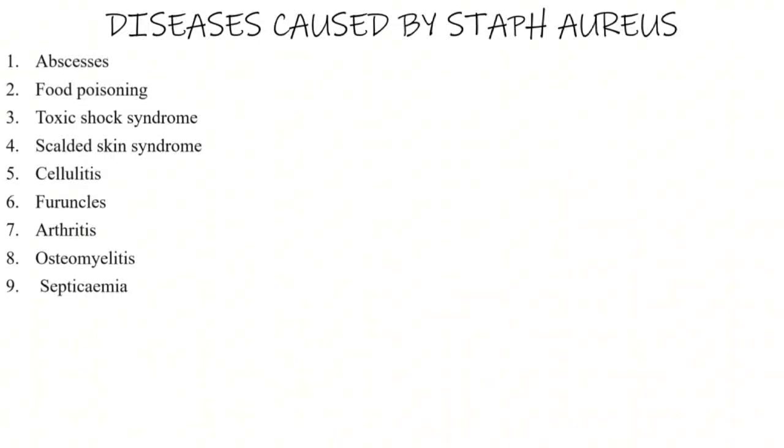Then they can cause food poisoning with the enterotoxins A and B, toxic shock syndrome with TSST-1, the toxic shock syndrome toxin 1, and scalded skin syndrome with their exfoliative toxins. It can cause cellulitis, furuncles, arthritis, osteomyelitis, and septicemia. So these are some of the diseases caused by Staphylococcus aureus, and I hope you are following.